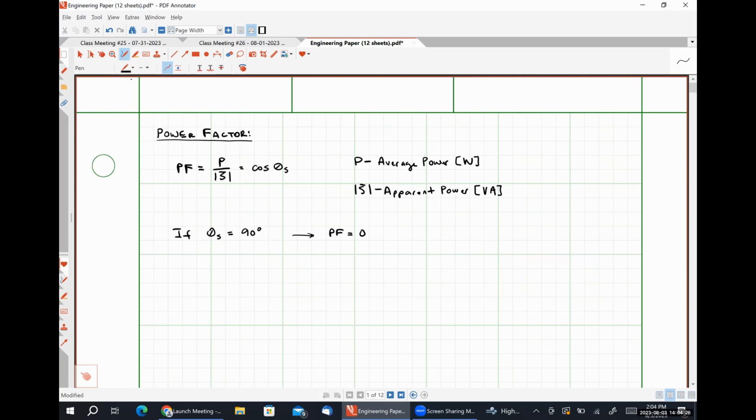Now recall that theta S, our power factor angle, is equal to theta V minus theta I. We know a specific condition where theta V minus theta I equals 90, and that's whenever we have a pure inductance. So if theta S is equal to 90 degrees, we know that our load is purely inductive, and so R is equal to 0, and X, our reactance, will be greater than 0.